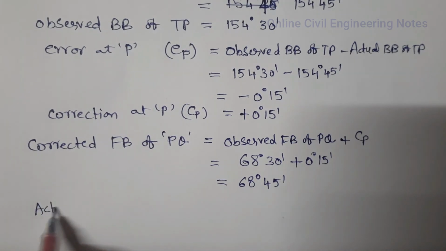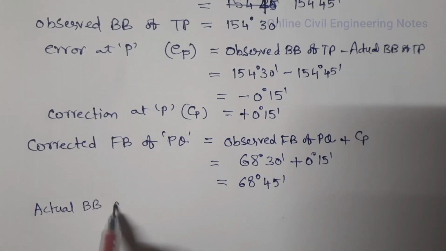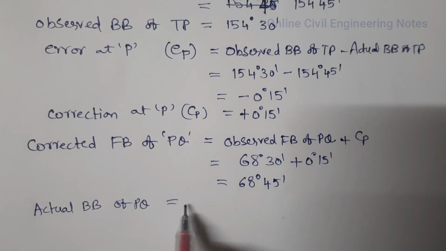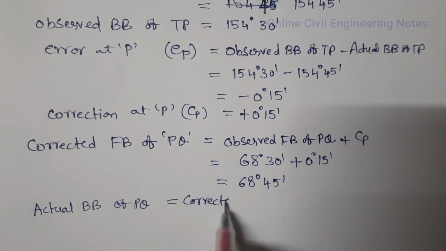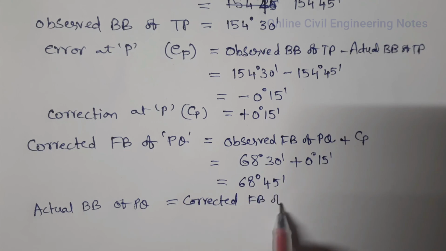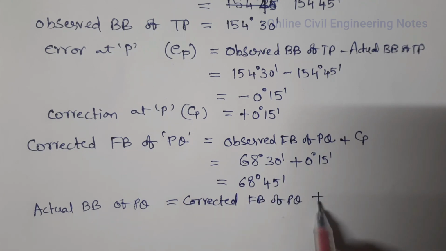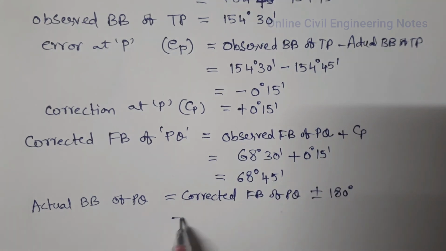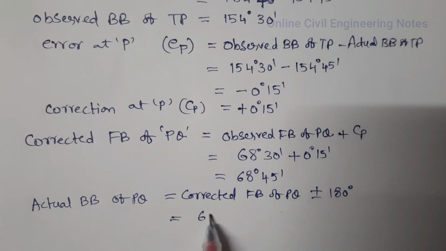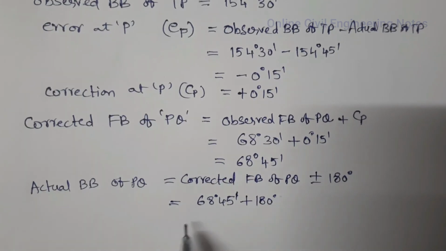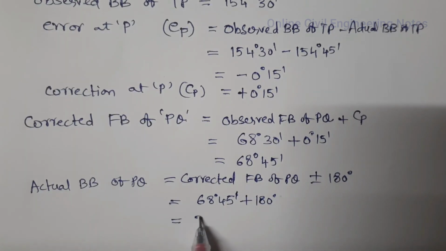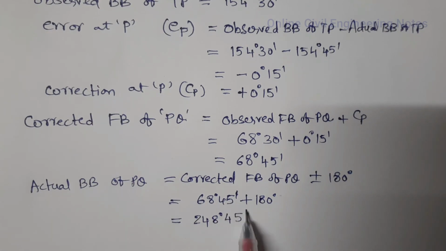Actual back bearing of PQ is equal to corrected fore bearing of PQ plus or minus 180 degrees. Corrected fore bearing is 68 degrees 45 minutes plus 180 degrees, because it is less than 180 degrees, which is equal to 248 degrees 45 minutes.